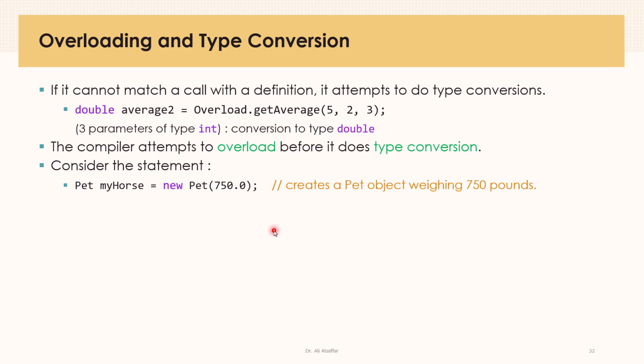Also, we defined multiple constructors in this class. One of these constructors was used to initialize the object if the weight of the pet was given as input parameter, as indicated in this example. Now, in this example, we are creating an object from the Pet class when only the weight was provided as input parameter, and the weight, as indicated in this constructor, is given in double.